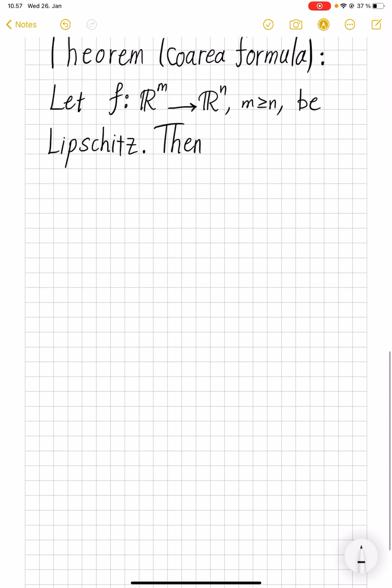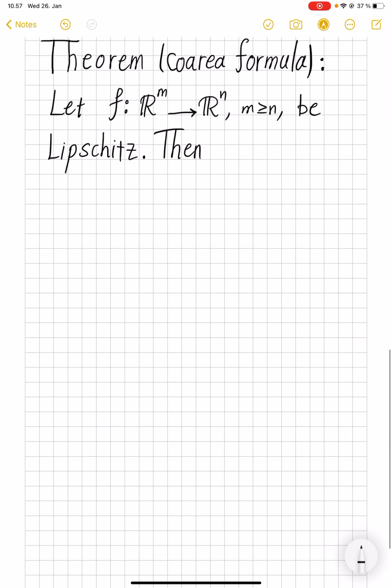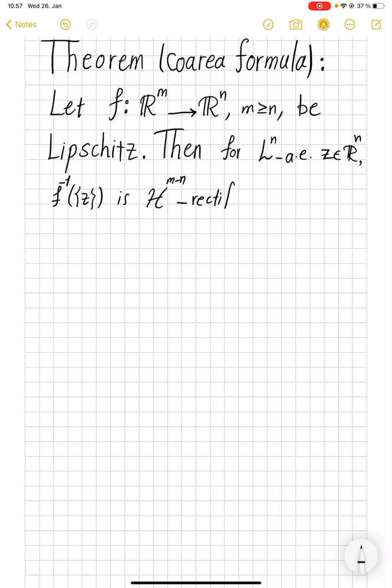So the Coarea formula says if you have a Lipschitz function from a larger dimensional Euclidean space into a lower dimensional one, then for almost, well, we have to be precise, for Ln almost every value z in the target space, the level set f inverse of the singleton z is H^(m minus n) rectifiable.